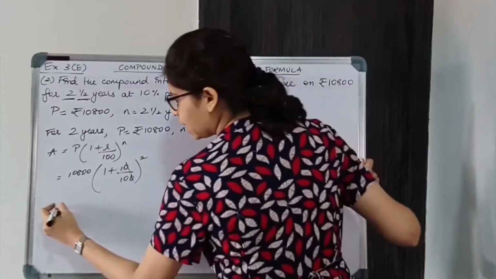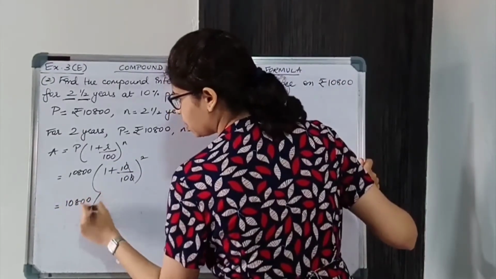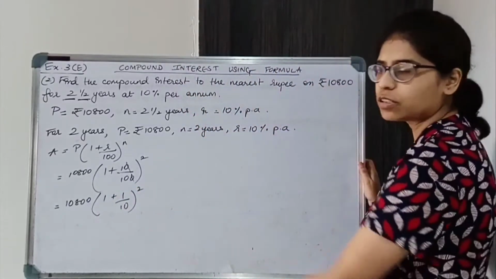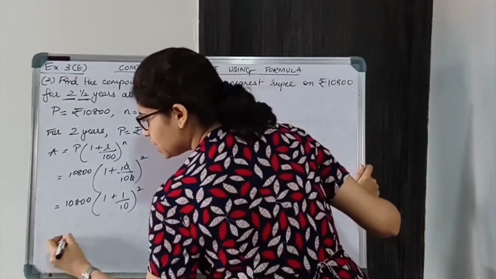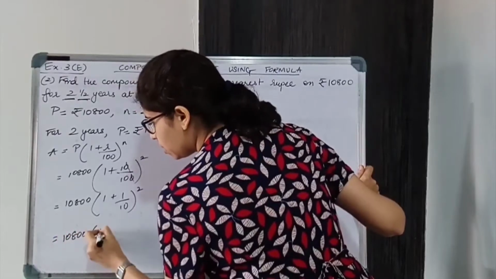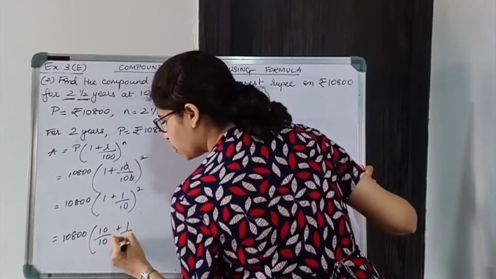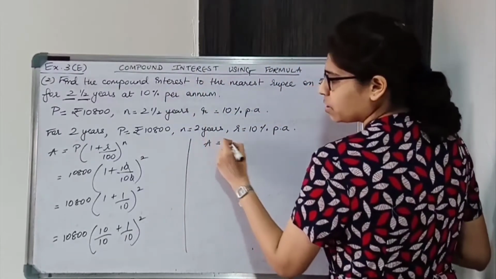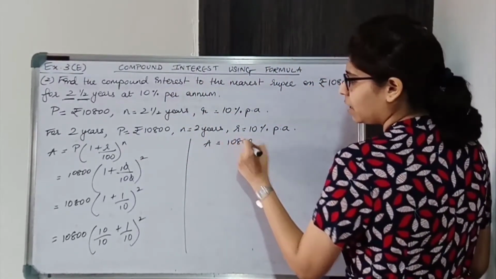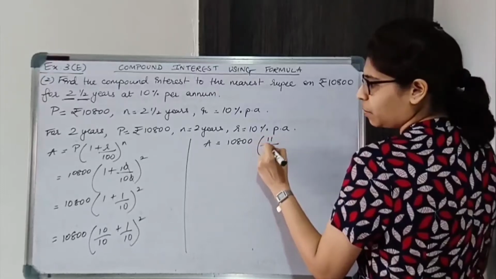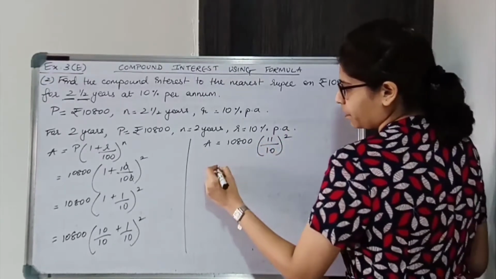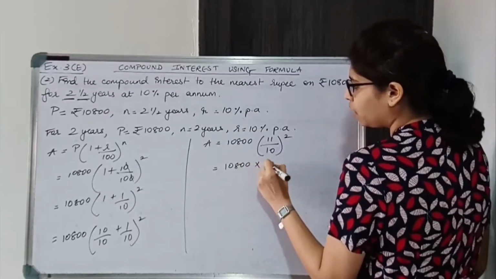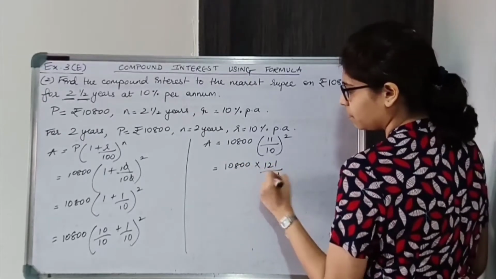0, 0 will get cancelled, so we will get 10,800 into 1 plus 1 upon 10 raised to 2. First we will solve the bracket. So take LCM. 10,800 into 10 upon 10 plus 1 upon 10 raised to 2. So we will get amount is equal to 10,800 into 11 upon 10 raised to 2. So that is nothing but 10,800 into 121 upon 100.